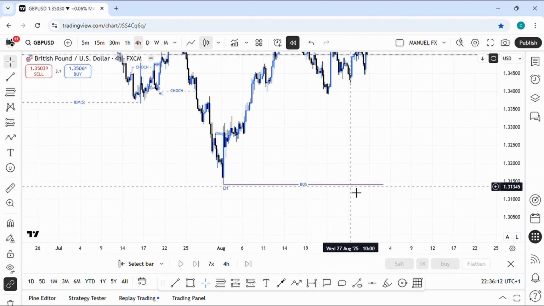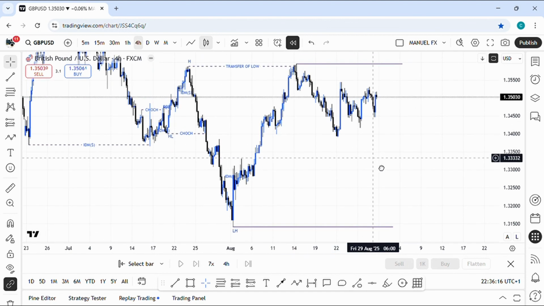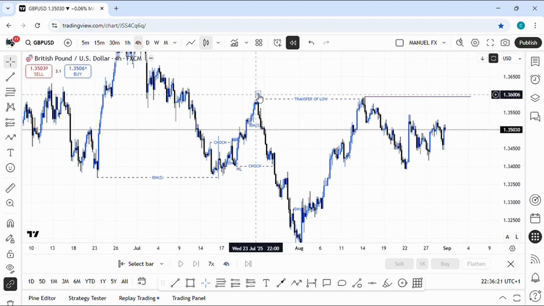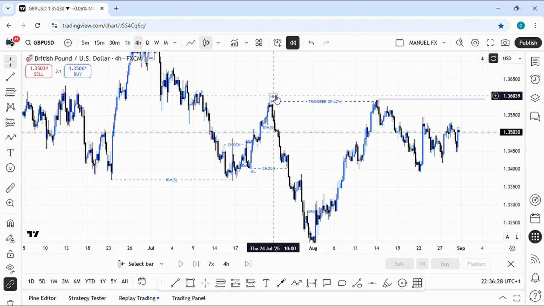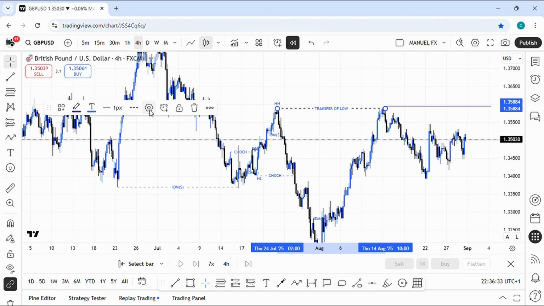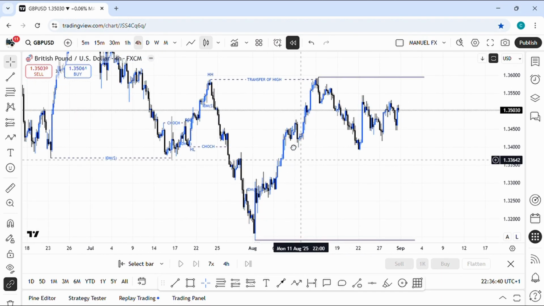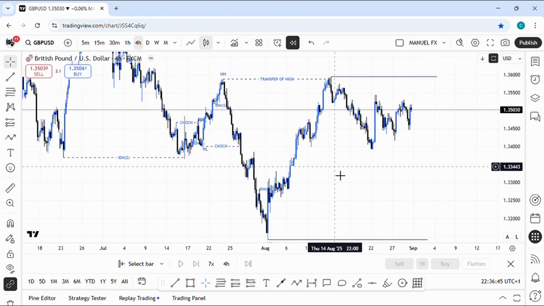If price breaks this low, of course that's the only time it's going to become a break of structure. So this becomes our swing point. Call this our higher high. So this is a transfer of high, sorry. It's not a transfer of low, it's a transfer of high. This is it.